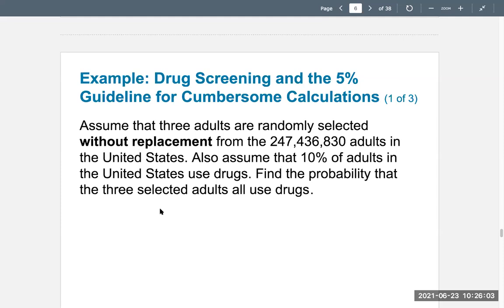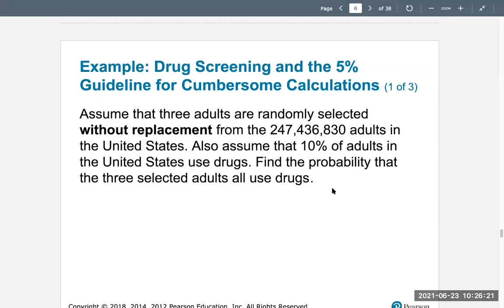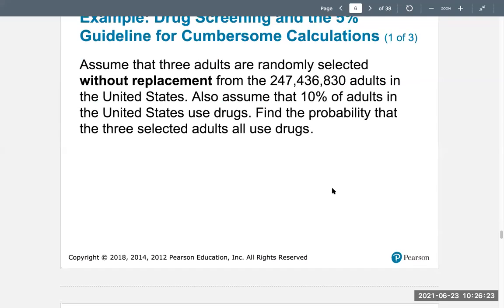Find the probability that 3 selected adults all use drugs. Means the first one uses drugs, the second one uses drugs, and the third one uses drugs. So it's and. So it's 10% times 10% times 10%, because and means multiplication.